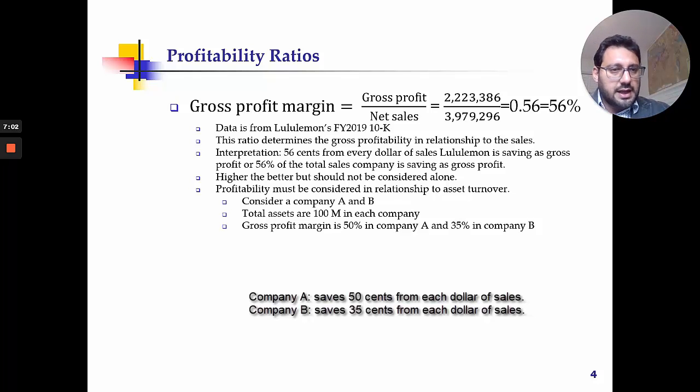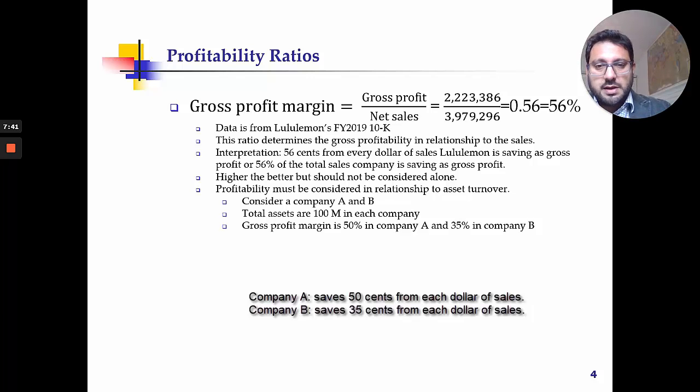On the other hand, company B has less gross profit, because they might have a strategy to sell more of those units by squeezing their profit, and they are trying to shift some of their saving to the consumer, so that they have an incentive to buy more. So out of each dollar, only 35 cents are saved by company B after spending the cost of goods sold, and the rest 65 cents are spent under the head of cost of goods sold.